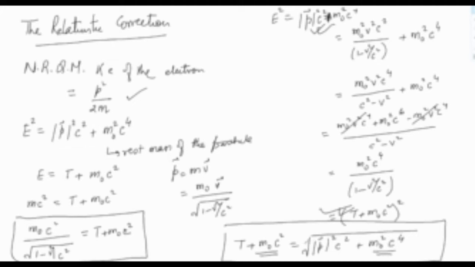When I bring it outside the square root, we will get m naught c square. Therefore, let me just write it as my T is p square c square plus m naught square c to the power 4 minus m naught c square.